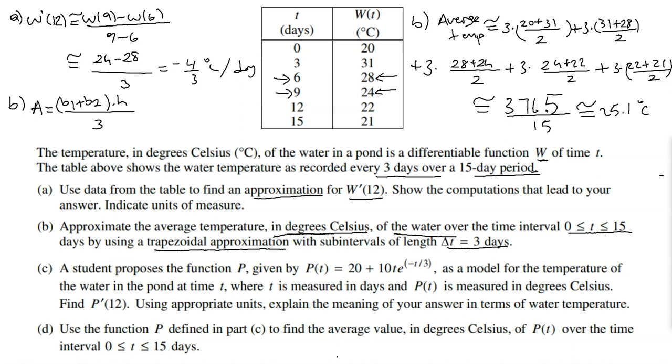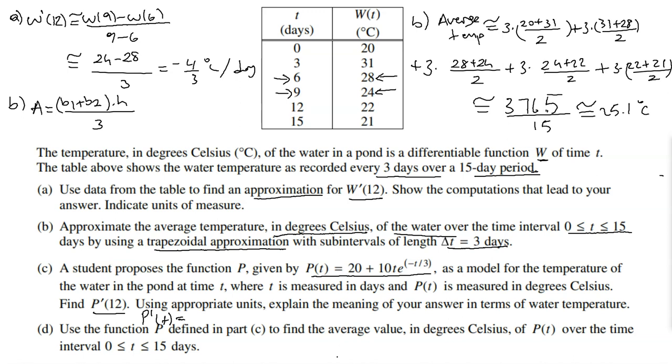In part C, it says that a student proposes the function P given by this model. So this is another model representing the same situation. We're going to find P prime of 12. Since we see prime and we're given the actual model of the function, first we need to figure out P prime of t, so we're going to take the first derivative of this function with respect to time.